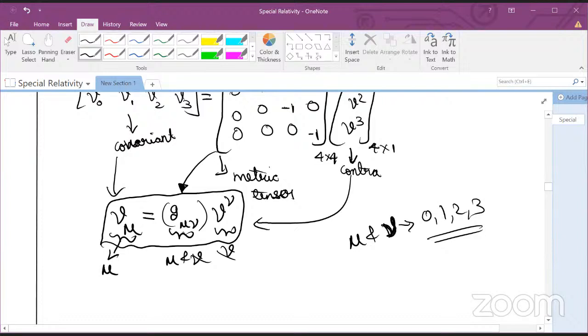So it is somewhat balanced. See this equation, V super mu G mu mu V mu. This is not balanced. Why? Because here we have a superscript mu and here we have a subscript mu, but they're not cancelling each other. Both are subscripts only, not like one superscript and one subscript. Got it?